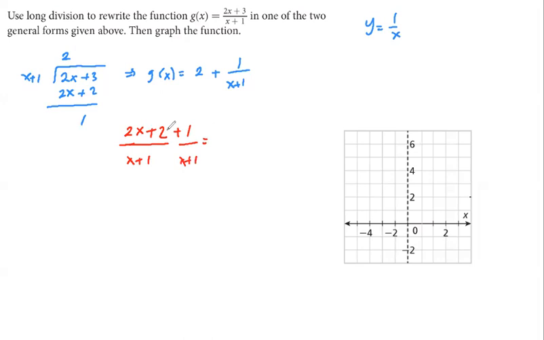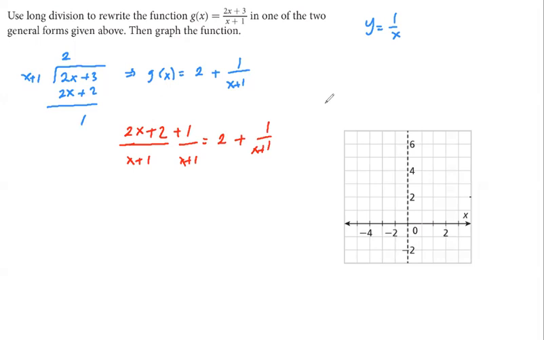If you divide 2x plus 2 by x plus 1, you can pull 2 out as a factor, so x plus 1 will cancel. So you will get 2 plus 1 over x plus 1. And that is exactly what we have.